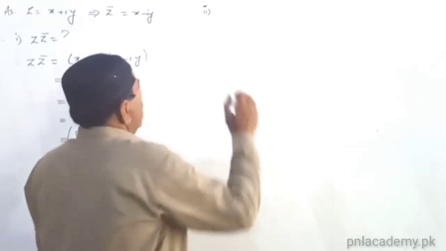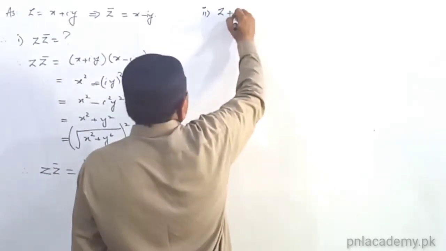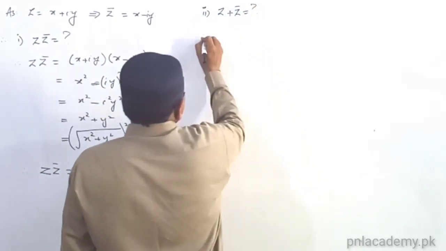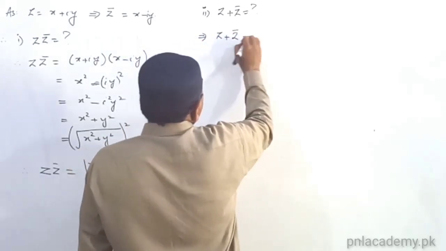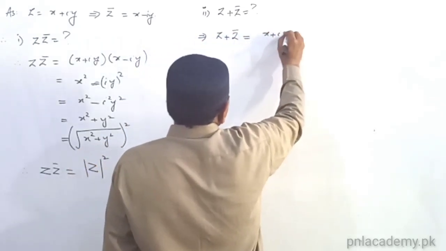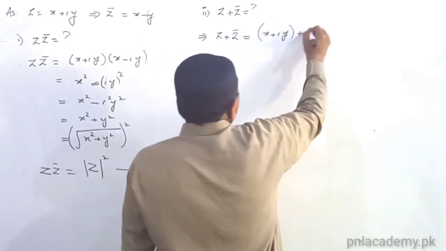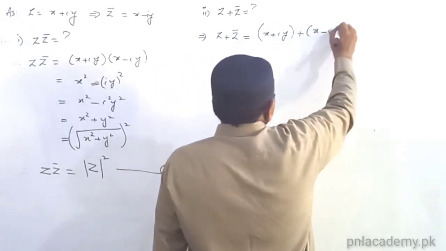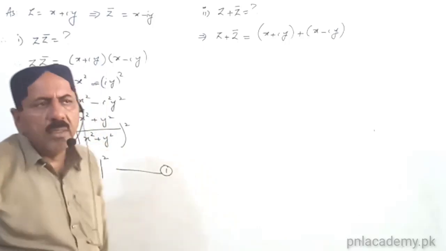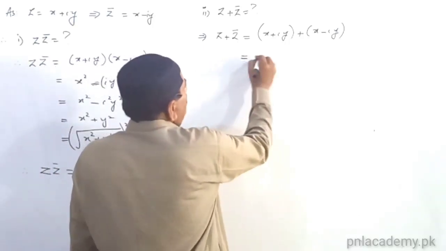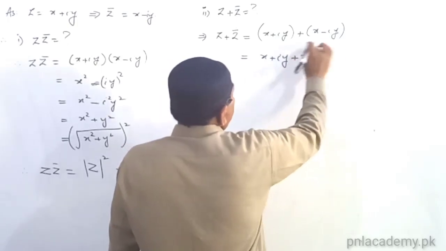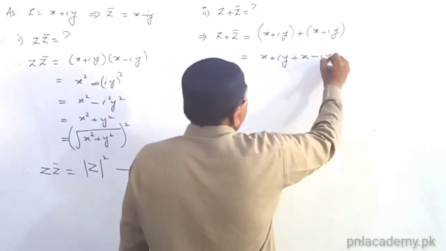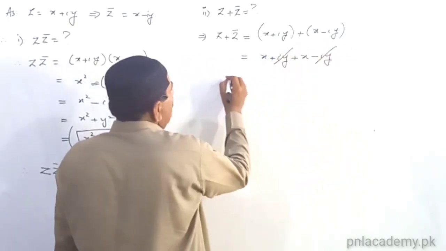number 2, z plus z bar. It implies that z plus z bar is equal to x plus iota y plus x minus iota y. X plus iota y plus x minus iota y. This is cancel.